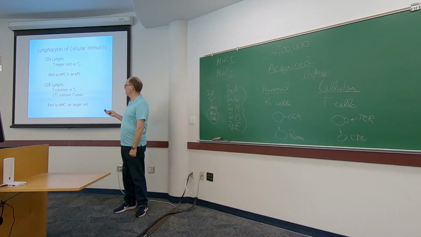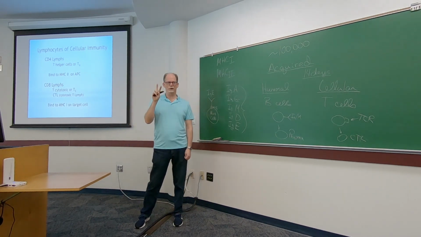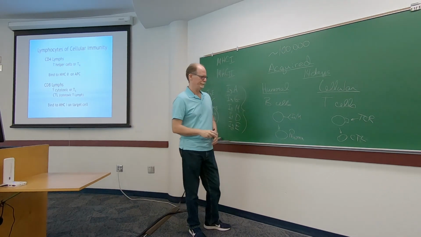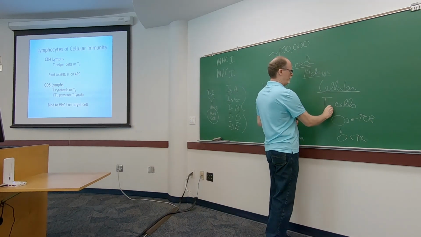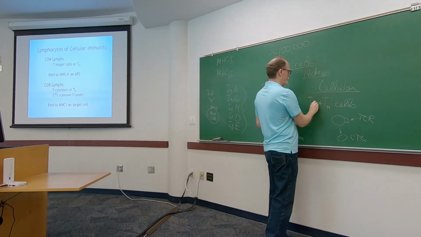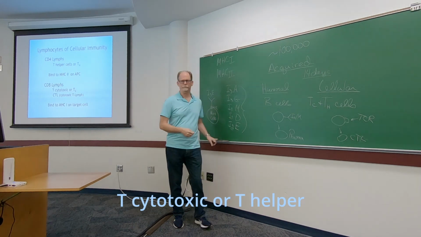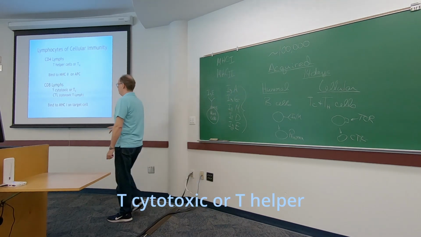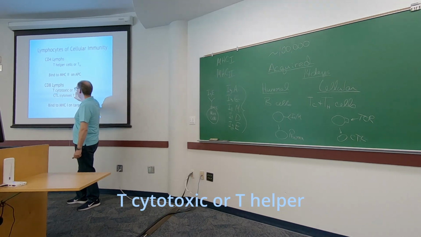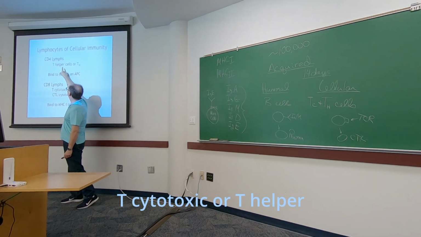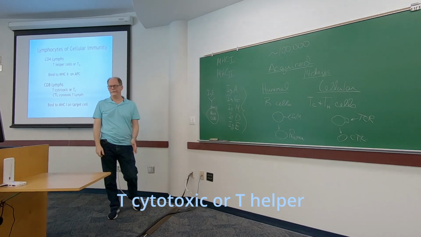But for instance, CD4 and CD8 are commonly used to describe two major types of T cells, right? There are T helper, or TH, and there's T sub C for T cytotoxic. So you could say T cytotoxic or T sub C. You could say T helper or T sub H to denote either one.